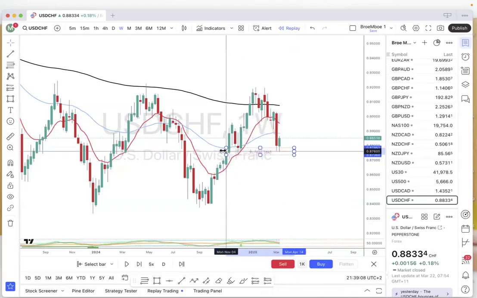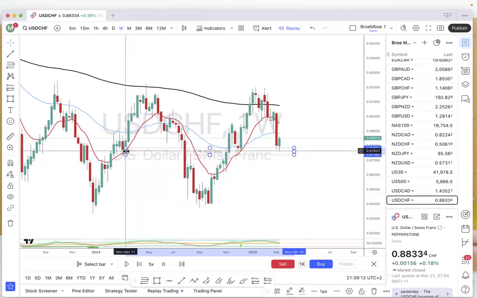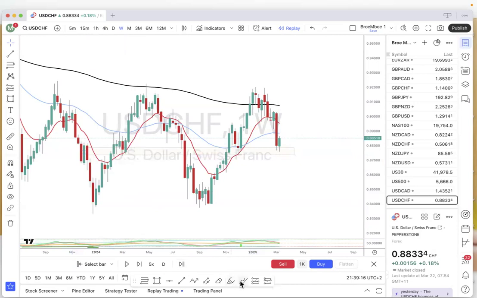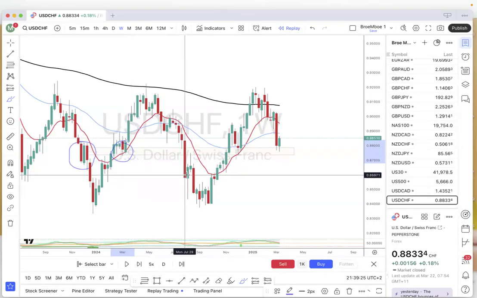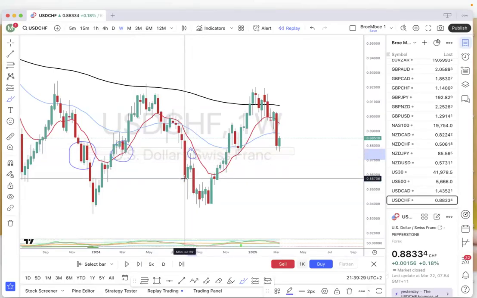Reason being, we have reacted before here, and we also have reacted before right there. So you can actually see how price reacted here and there and did go through it here, but reacted there. It went through it, came back, reacted to it, and then went down.